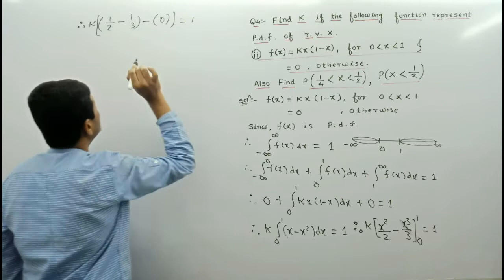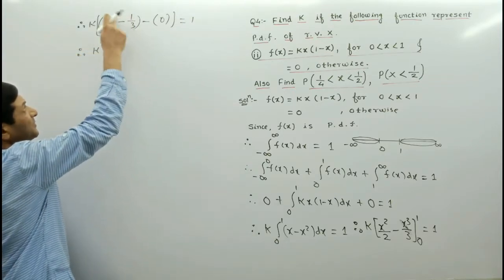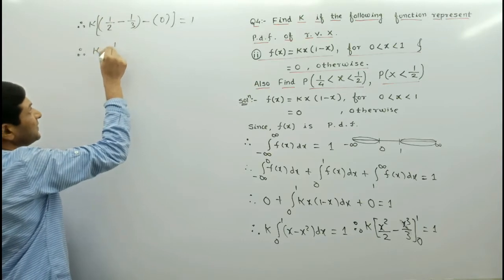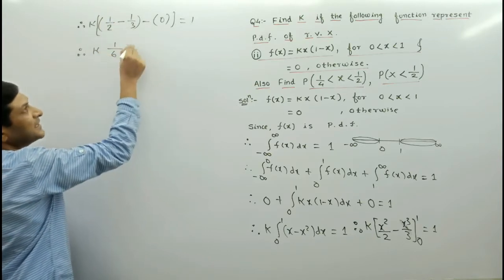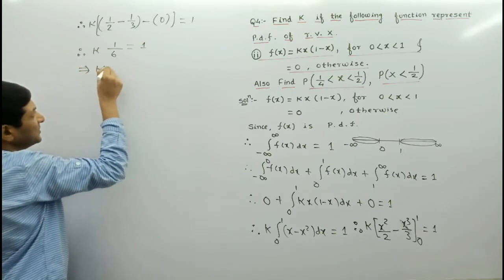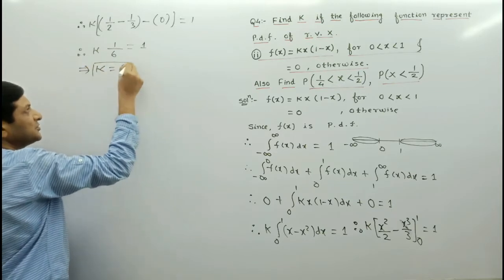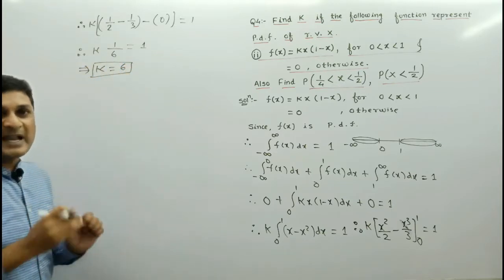On the right hand side, 1, keep it as it is. So therefore k, keep it as it is. If you take cross multiplication, 3 minus 2 is 1 and 2 into 3 is 6, is equal to 1. This implies that k is equal to 6, it will get multiplied, 6 into 1 will be equal to 6. In this way we have got the value of k.